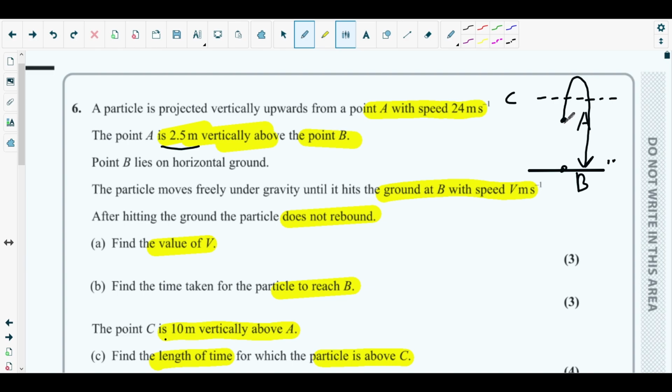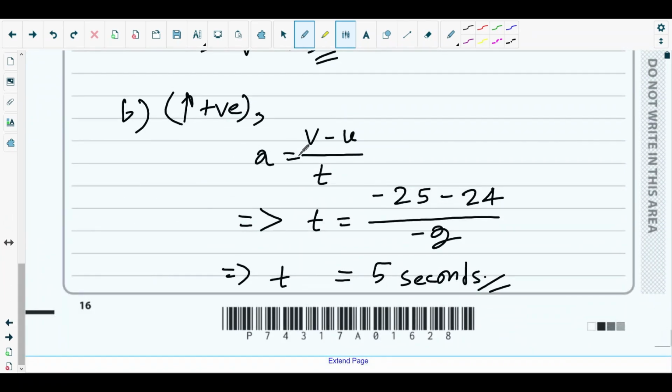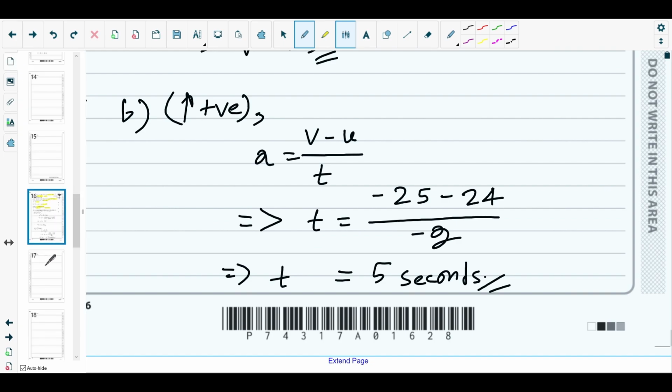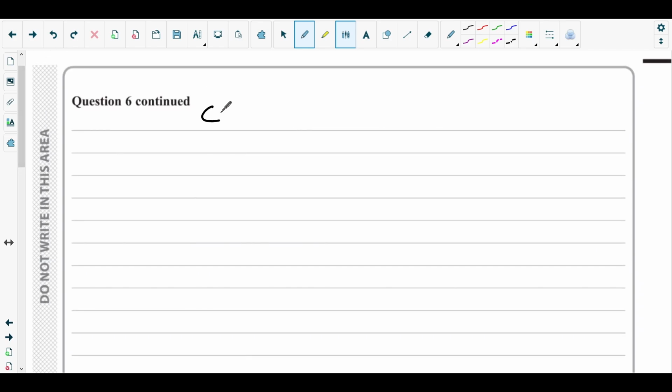We took upward as positive. Since point C is 10 meters above point A, the displacement would be positive 10 meters for part C.